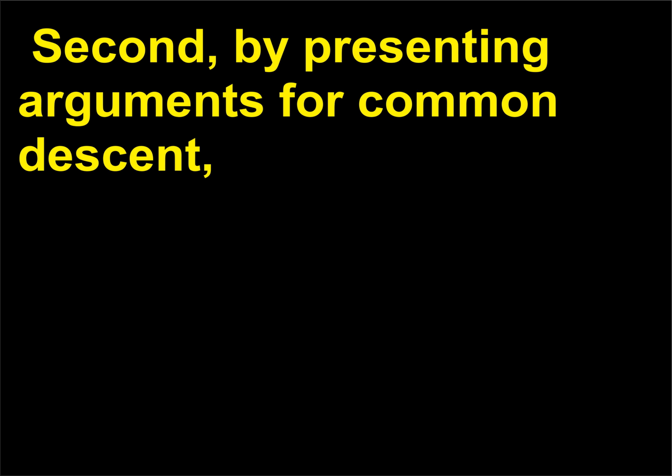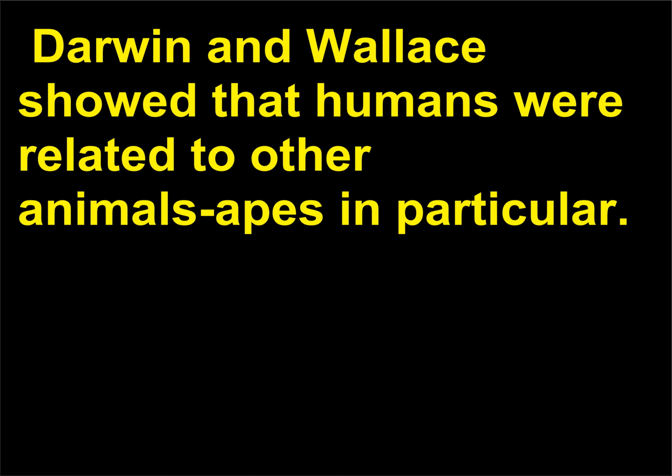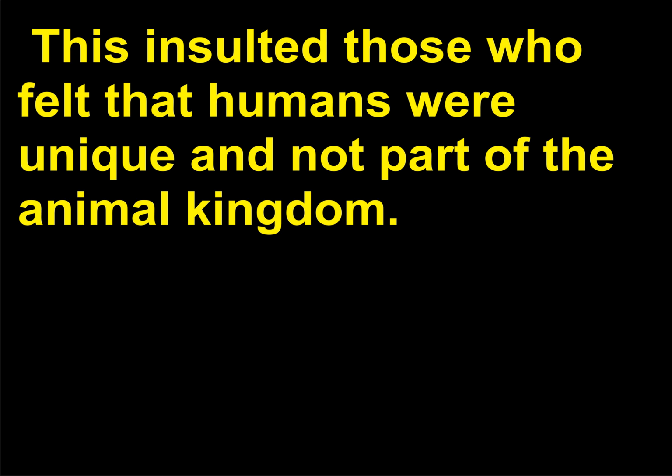Second, by presenting arguments for common descent, Darwin and Wallace showed that humans were related to other animals, apes in particular. This insulted those who felt that humans were unique and not part of the animal kingdom.